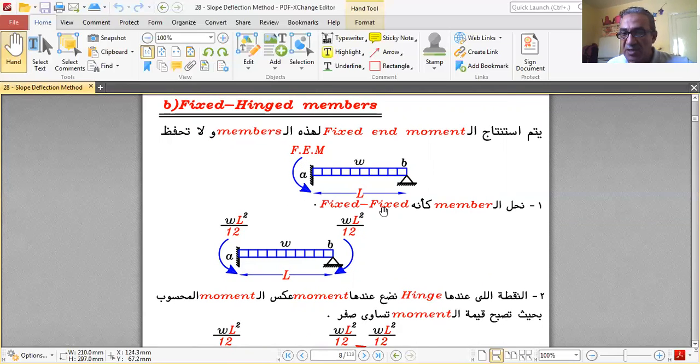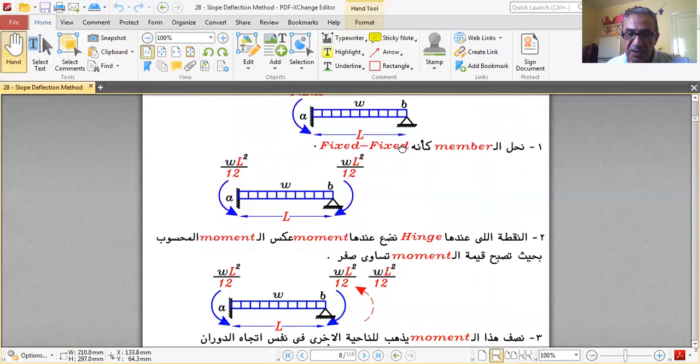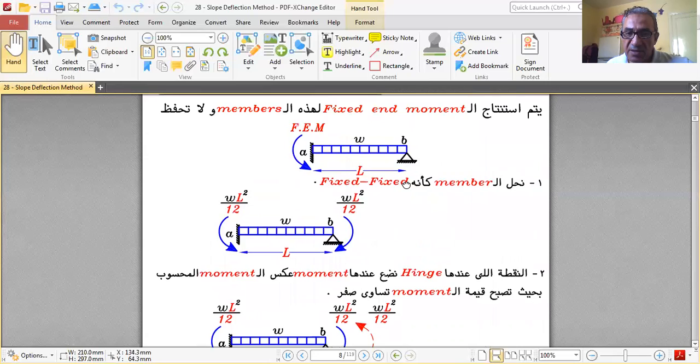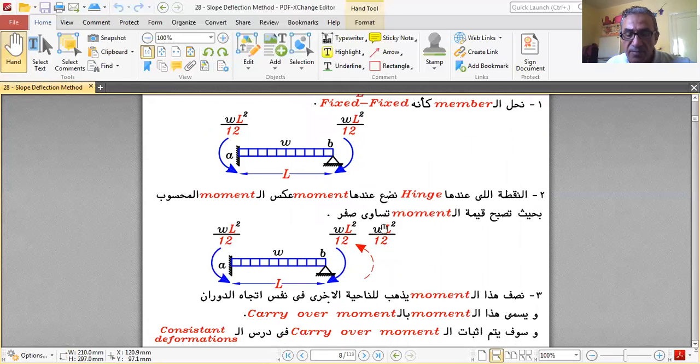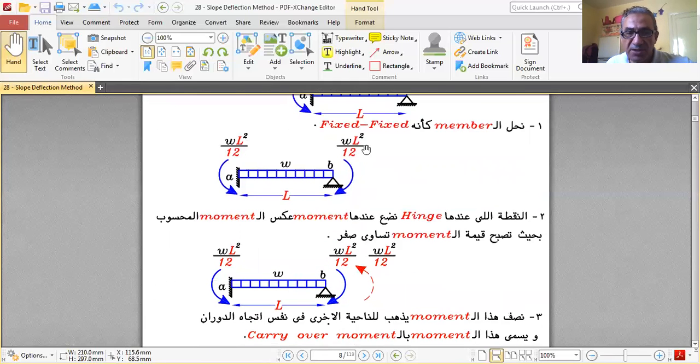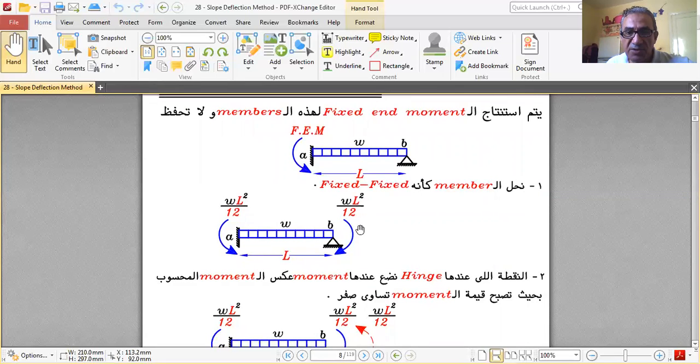So fixed hinge means that there is a fixed end moment at the fixity and 0 at the hinge support. For a fixed hinge member it should be 0 actually, but this is just one step of the solution.